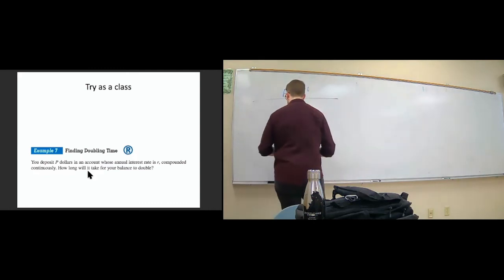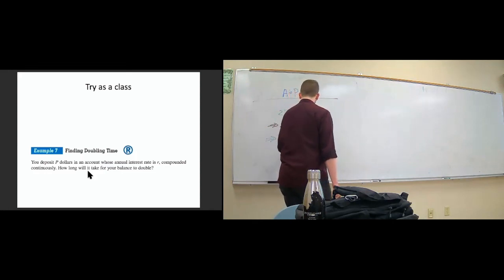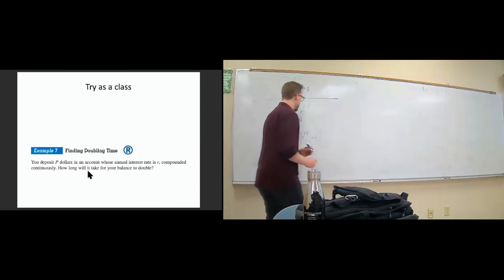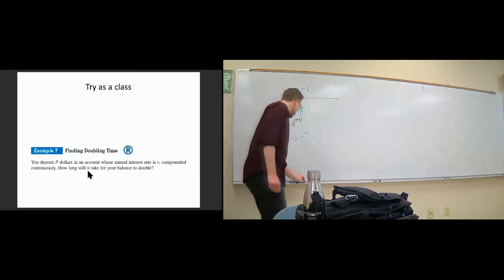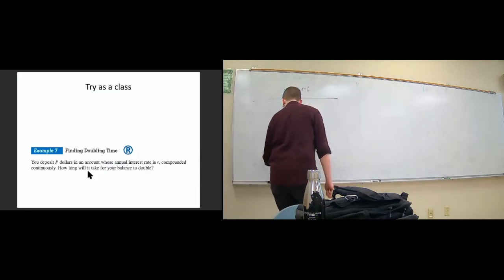Taking the ln, we get the ln of 2 is equal to the ln of e raised to the RT, or just RT, right? So ln of 2 is equal to RT.